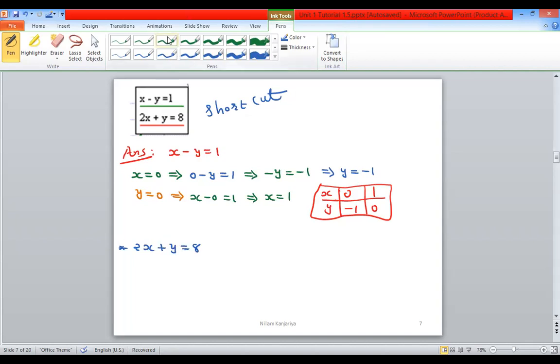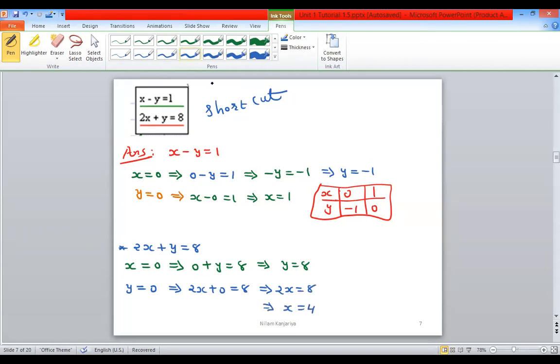In this equation, again take x is equal to 0. Then 0 plus y is equal to 8, so y is equal to 8. Now take y is equal to 0: 2x plus 0 is equal to 8, 2x is equal to 8, and so x is equal to 4.